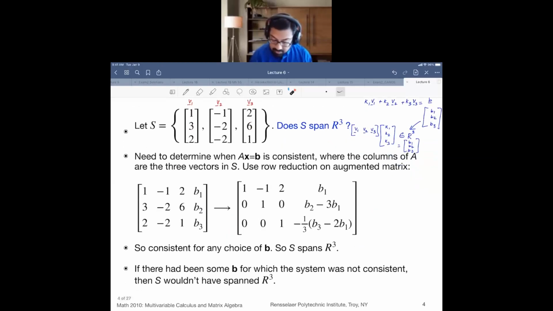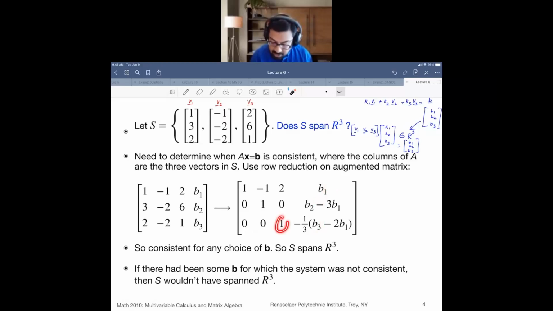So what we can say from this is, if this has to be consistent, which means that there is a vector B1, B2, B3 that you can get to, then all of this has to be, well, you got an identity actually. So you got an identity, which means that you can pick any choice of B, B1, B2, B3, you will have a solution.